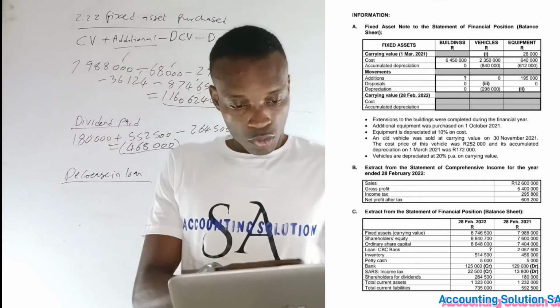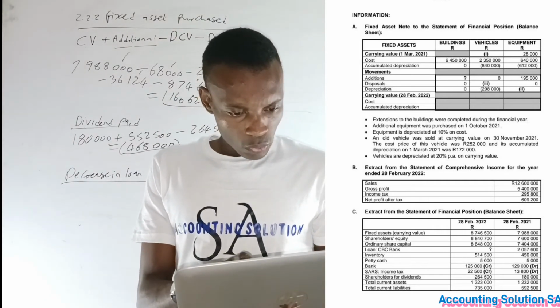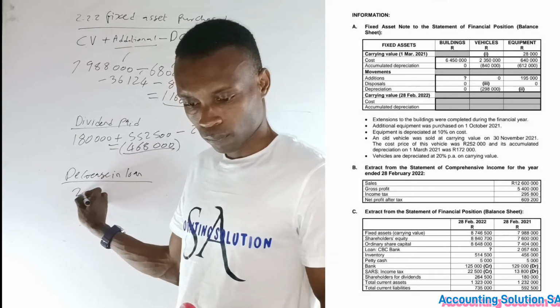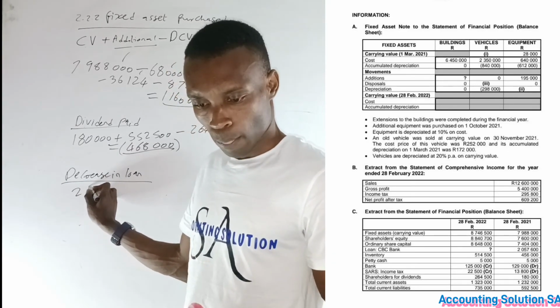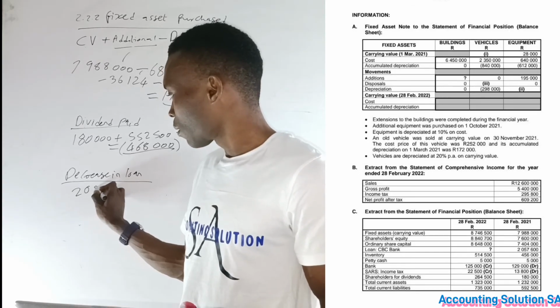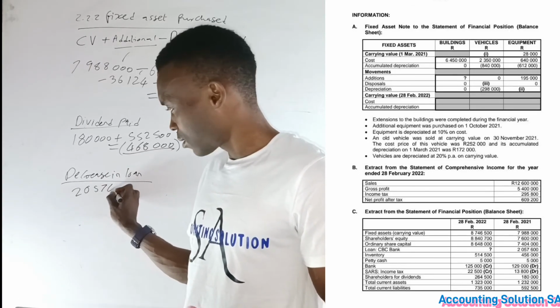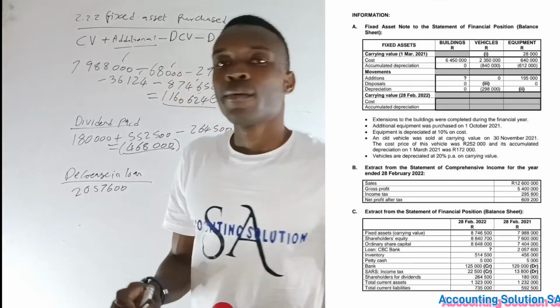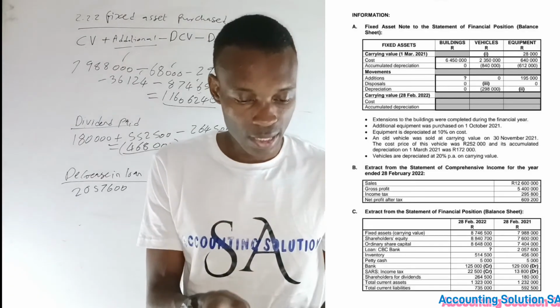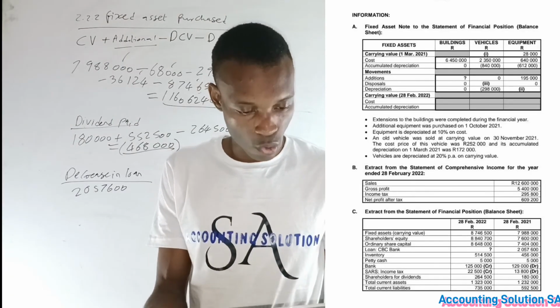All right, so let's check the balance for loan. For last year it was 2,057,600, and for this year we don't have a balance, which means that we have to go further and understand the transaction for the loan.